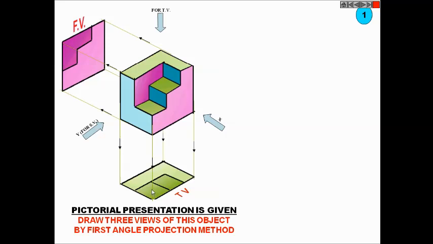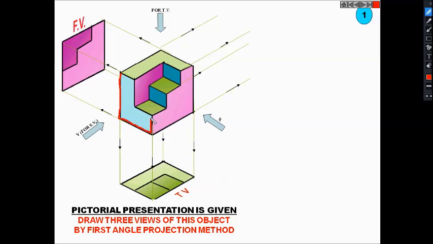Now from the left side of the front view we are viewing towards the object, so the side view is called the left hand side view. If we go for drawing the left hand side view of the object, we consider the observer is located at the side view direction.